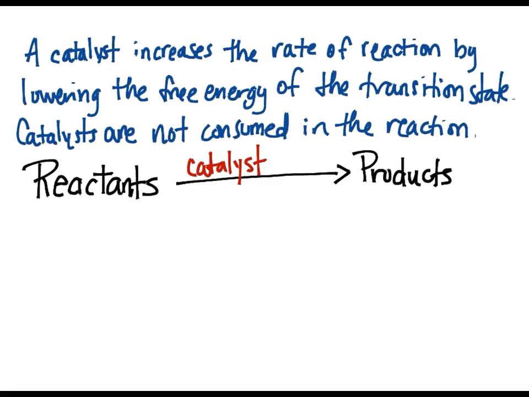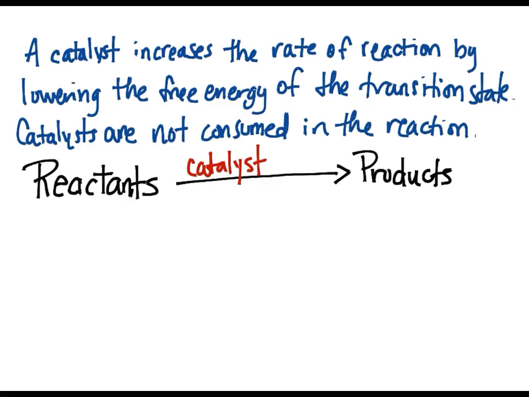What we'll see when we talk about mechanisms is that some catalysts are converted in an intermediate step to an intermediate, but then they are reconverted back to themselves by the end. And so we'll see that a catalyst may participate in the reaction, but it's reformed by the end. And so when you look at the overall reaction, it looks like nothing has happened and it's just sitting there.